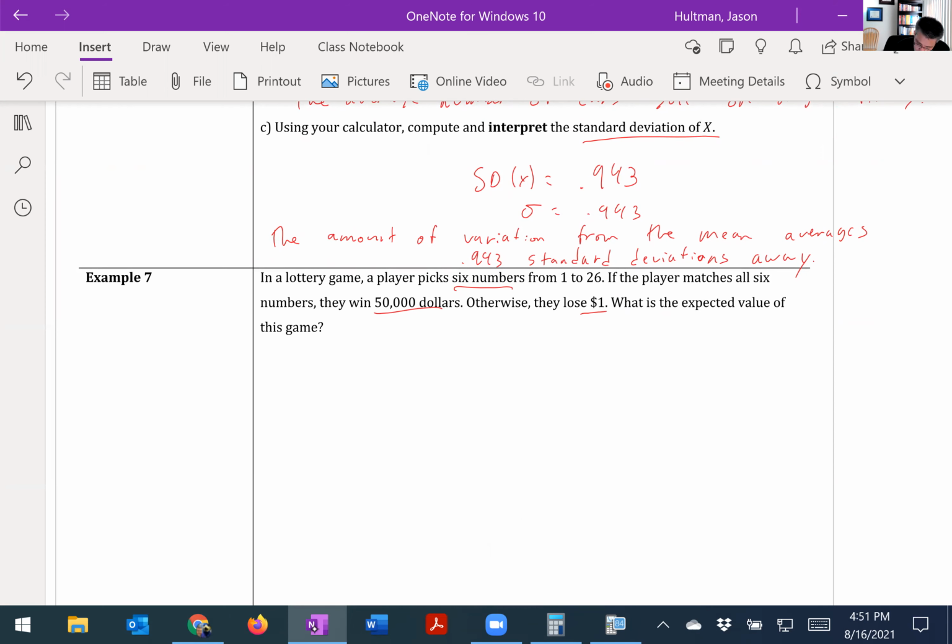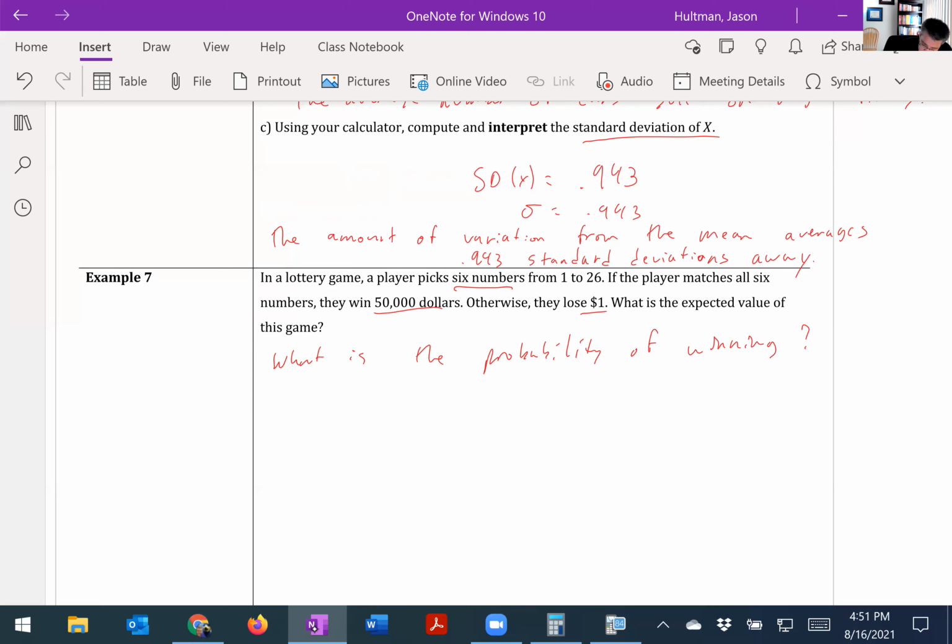So we want to know the probability of winning the game. What's the probability of winning the game here? You have to choose 6 numbers out of 26, but you have to choose the correct 6.